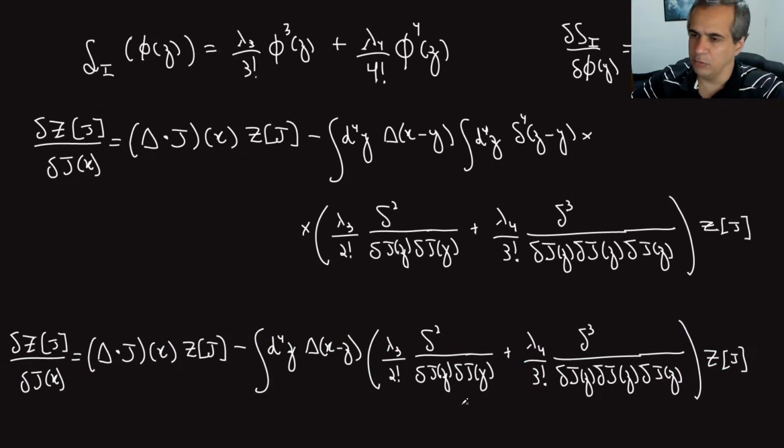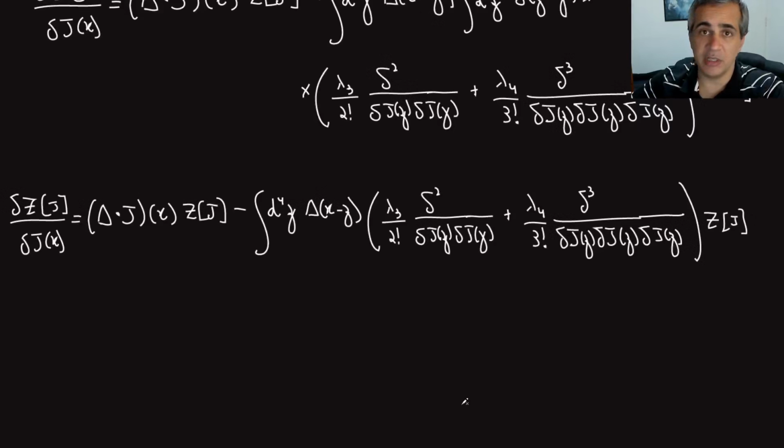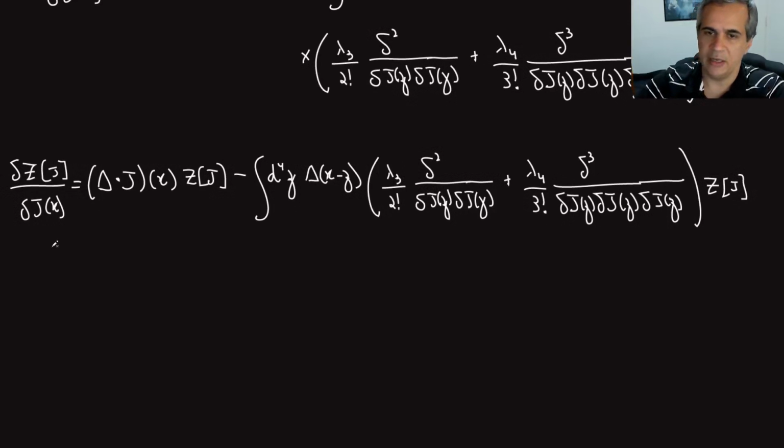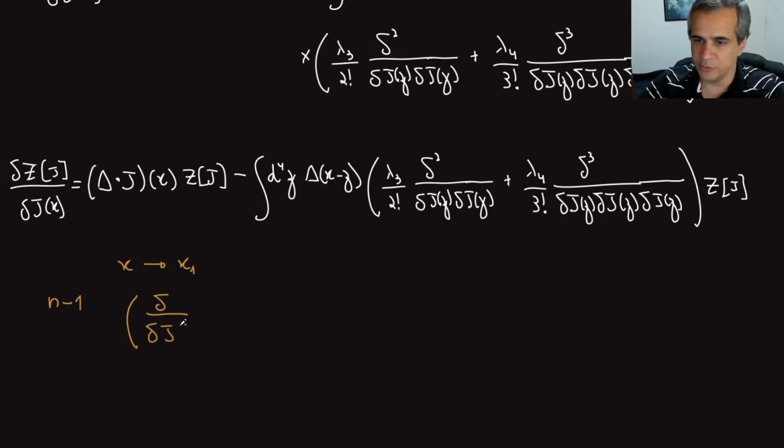Now, what do I want to do with that? I want to turn this into a relation between Green functions. In order to do that, let's take this expression. First, let's call x by the name of x1 and do n minus 1 extra derivatives everywhere on both sides of the equation on variables j of x2 to delta j of xn.